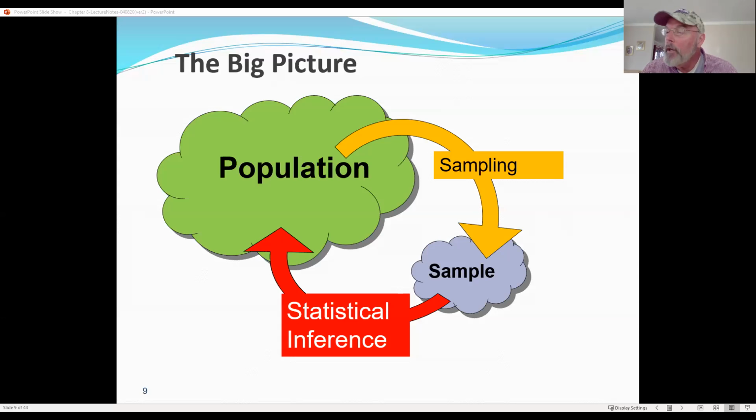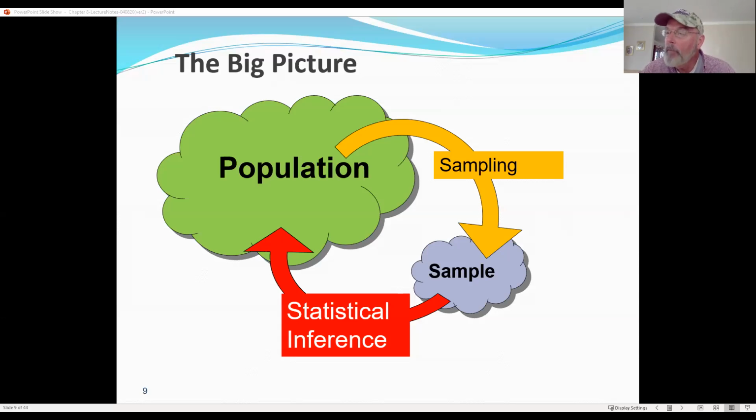Okay, so the slide is titled "The Big Picture," and I think I've used this in the classroom a couple times, and this really does sort of summarize a lot of things that go along with sampling. All right.